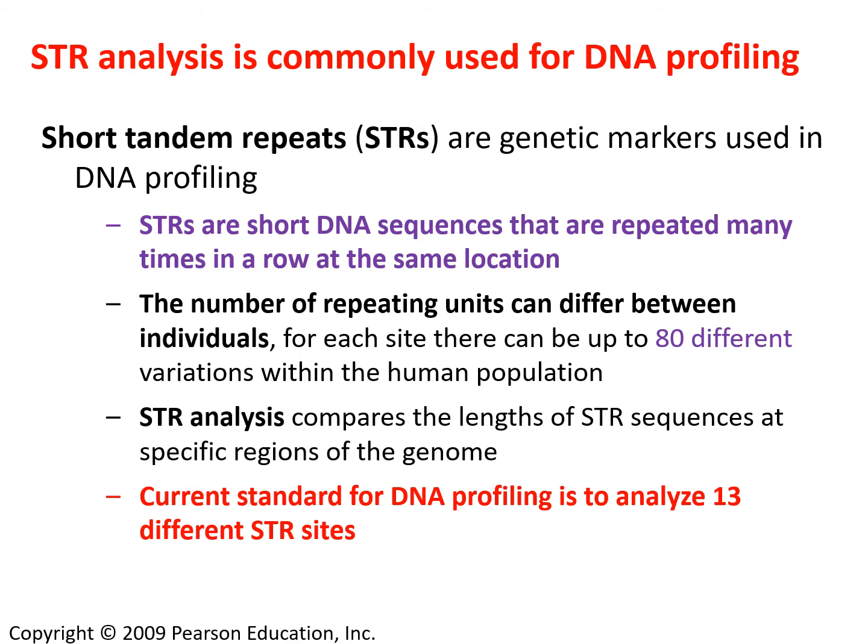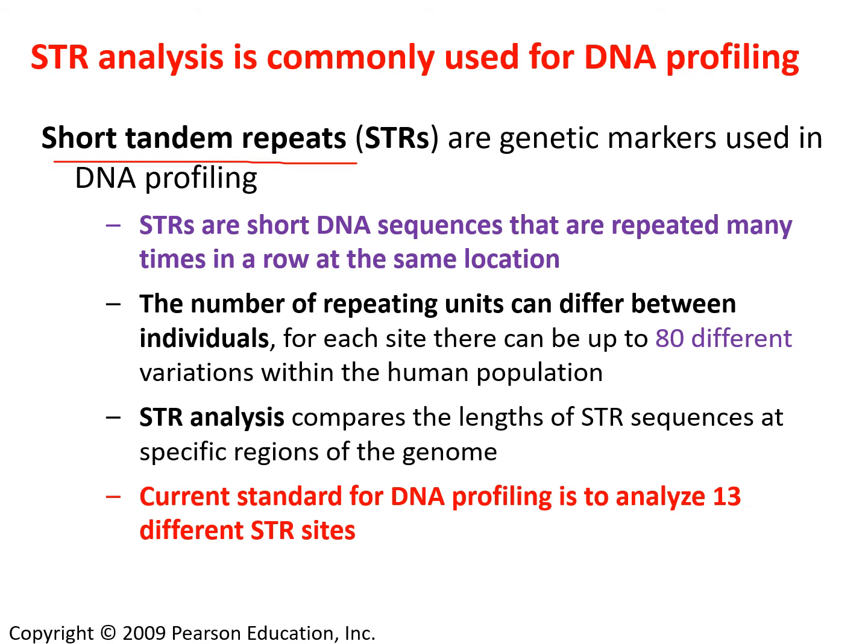So STR analysis is the most commonly used type for DNA profiling. STR stands for short tandem repeats. And these are genetic markers that are used. Short tandem repeats are repeated sequences in people's genomes. The number of repeating units can differ in individuals.